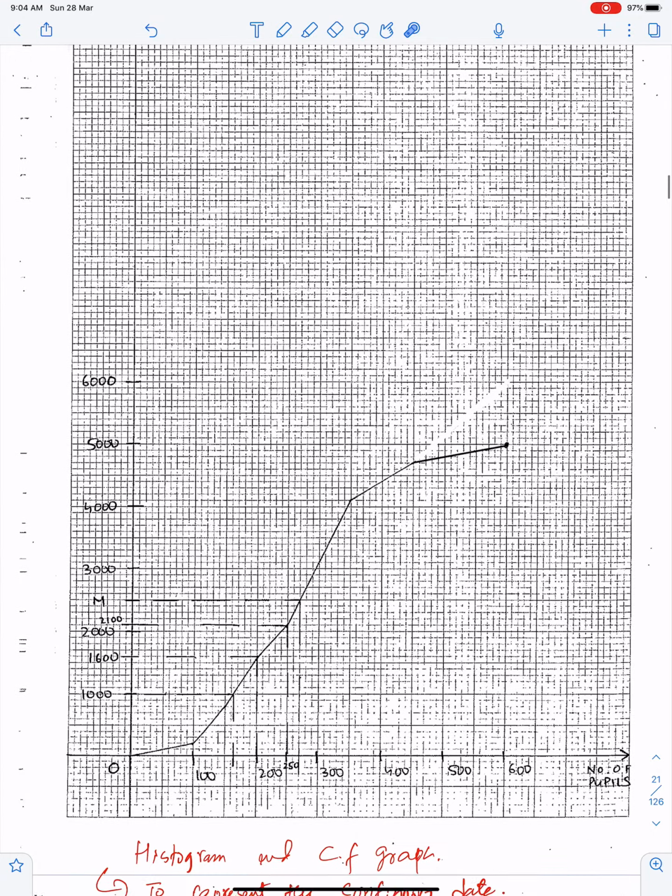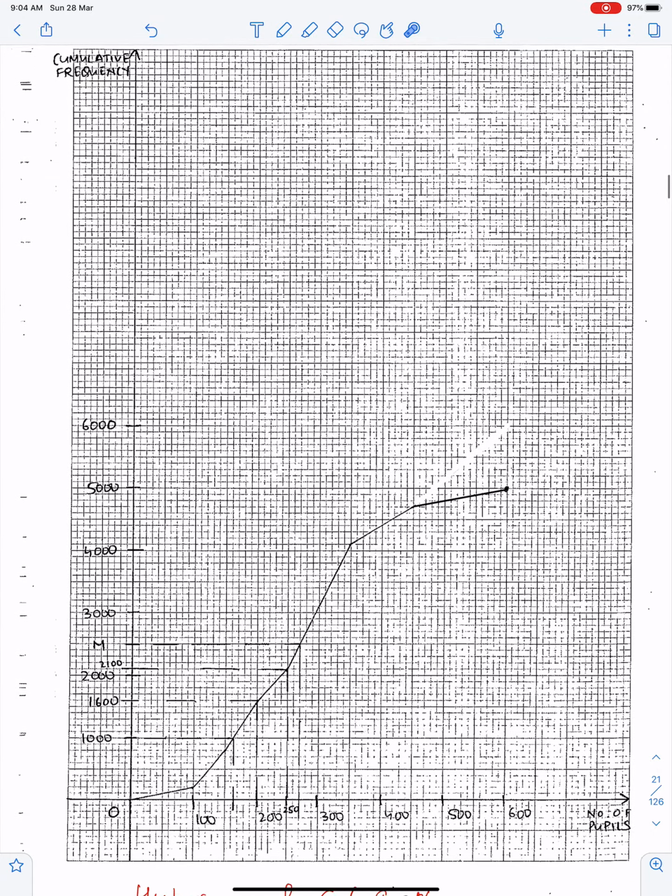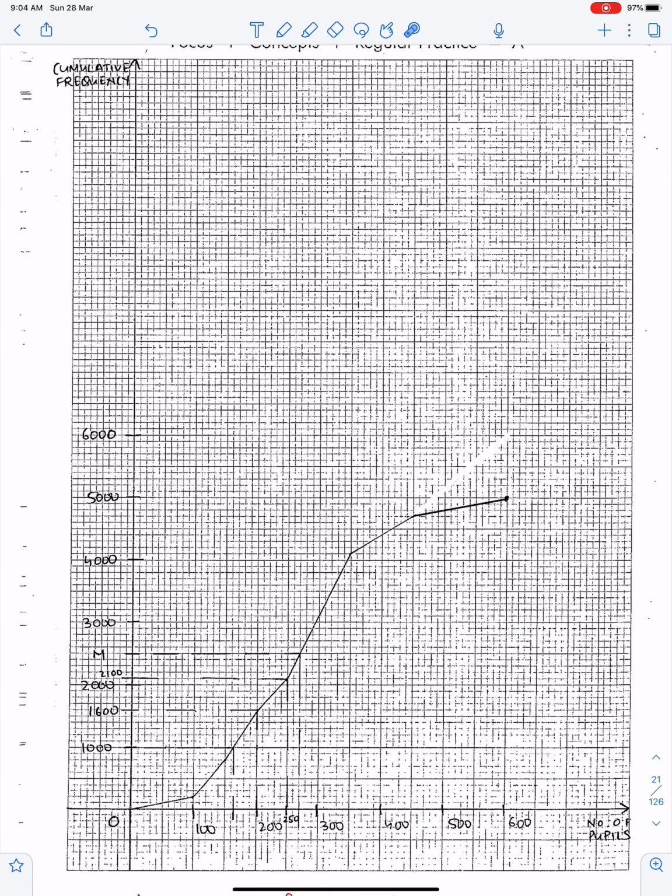Graph means either draw a cumulative frequency polygon, or a cumulative frequency curve. Number 1, label the axis, number of pupils, cumulative frequency. If you don't label the axis, you will lose 1 mark. Scale is given, so just follow the given scale and join the corresponding points by means of straight lines.